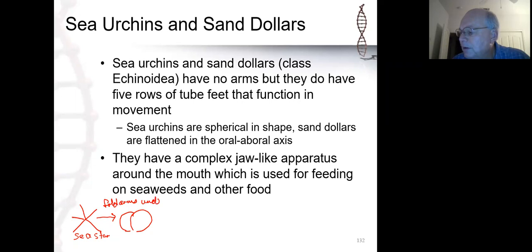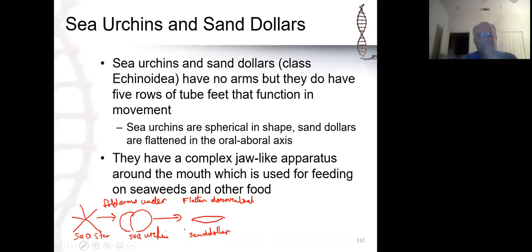So if you fold the arms under, you get a sea urchin. If you flatten it, dorsoventral, you get a sand dollar. So the sea urchin flattened becomes a sand dollar.